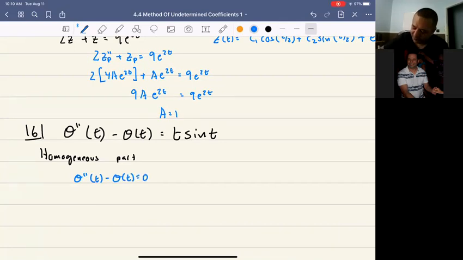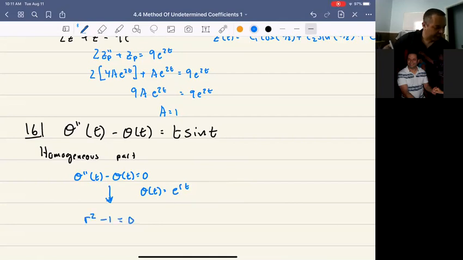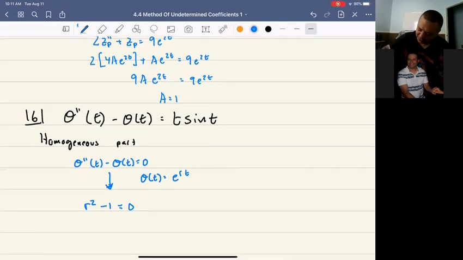Again, we're going to assume theta of t equals e to the rt. Put that into our machine to solve this. r squared minus 1 equals 0. Okay. So r equals plus or minus 1.